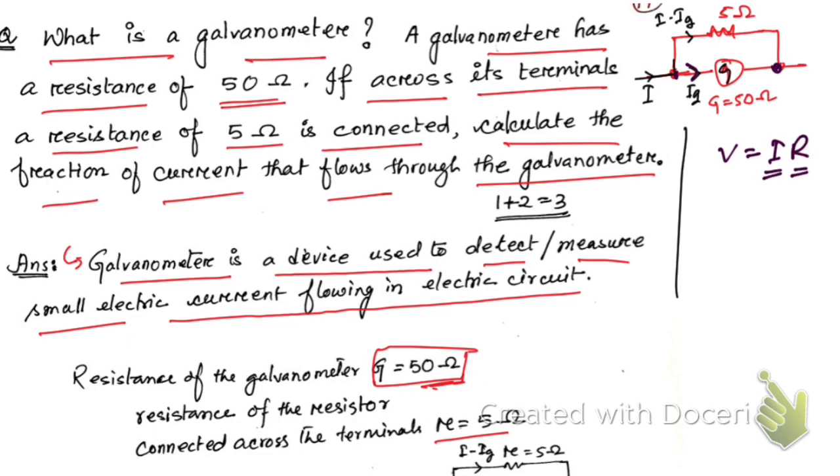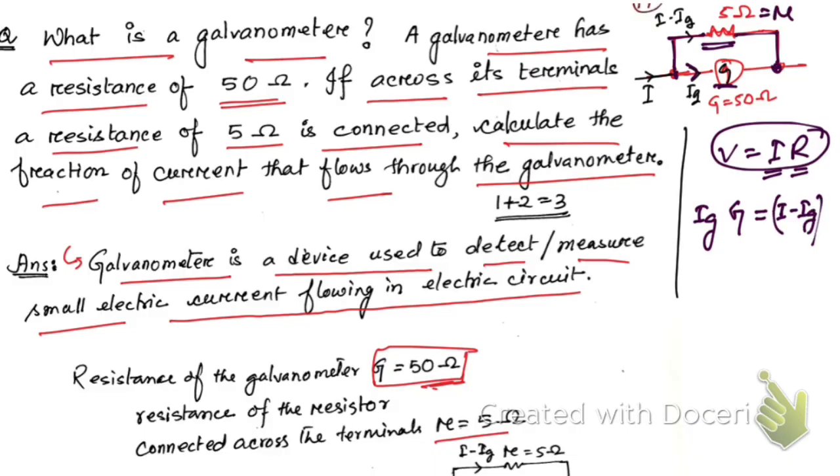So the potential difference across G will be given by using this Ohm's law: Ig into capital G. And on the other hand, as this resistance is connected in parallel, the potential difference across this resistance must be the same. So the current through the resistor of 5 ohm resistance is I minus Ig, and its resistance, let me write here, is smaller R.